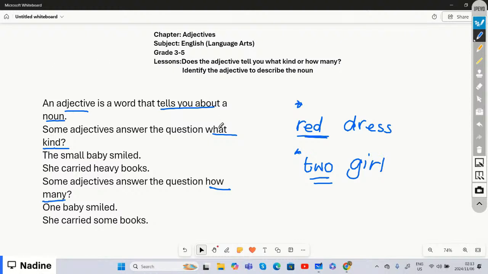All right. So now we're going to look at an example of adjectives that either tell us what kind or tell us how many.